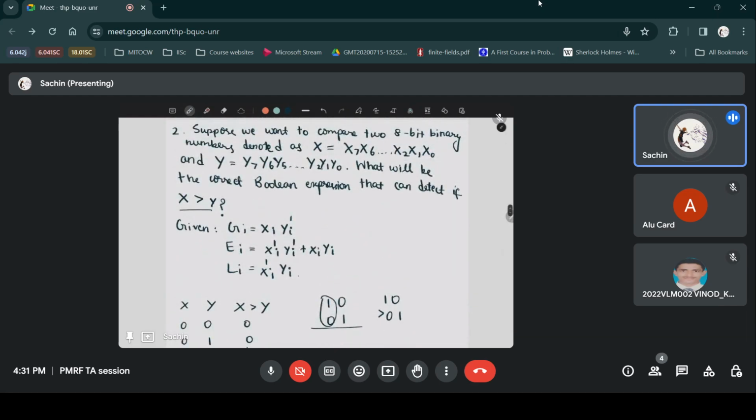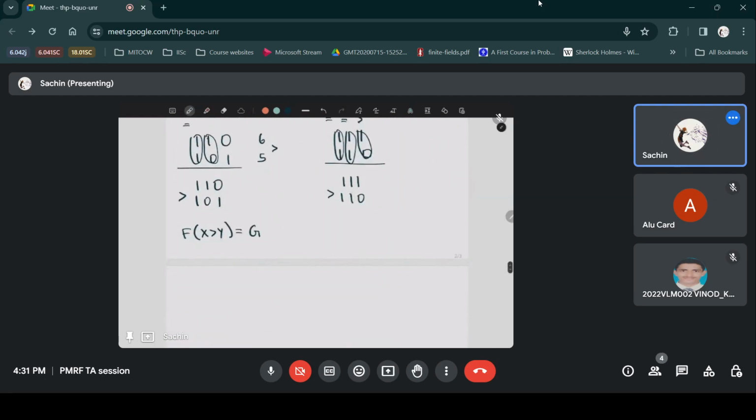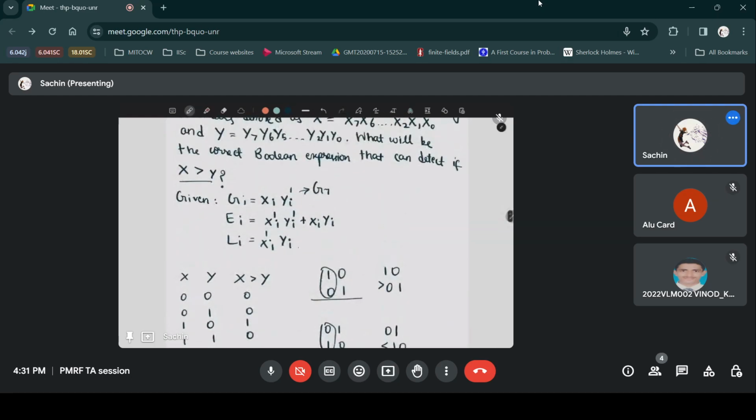If x7 is greater than y7, then it's greater, so that is nothing but g7. So if g7 occurs, that means g7 is x7 y7 bar. So if g7 is equal to 1, then that means that x7 is 1 and y7 is 0. In that case, x will be greater than y.